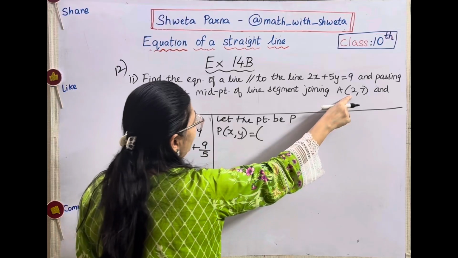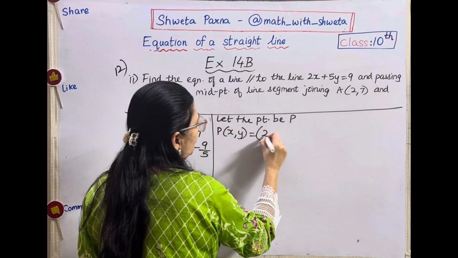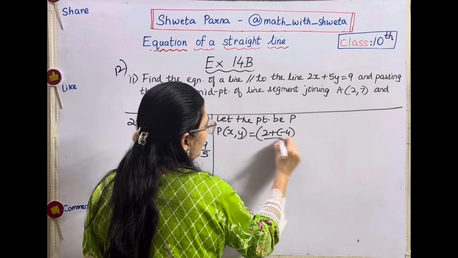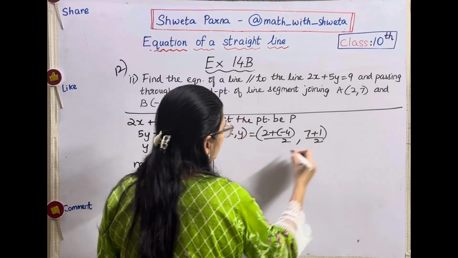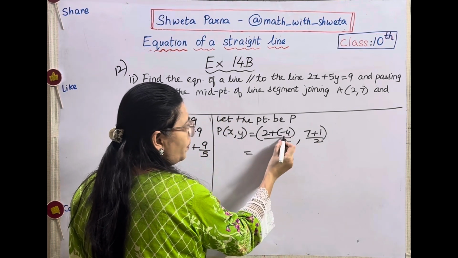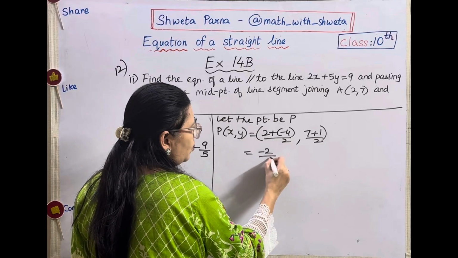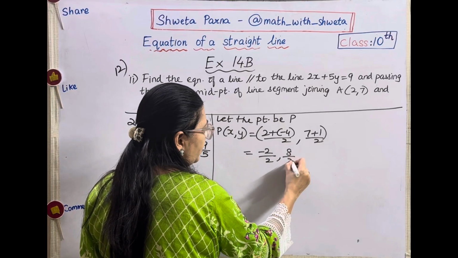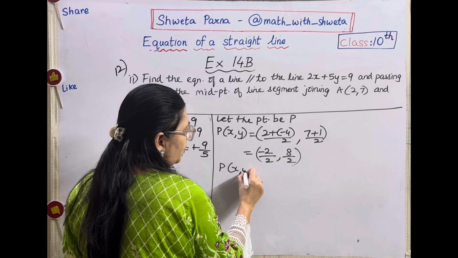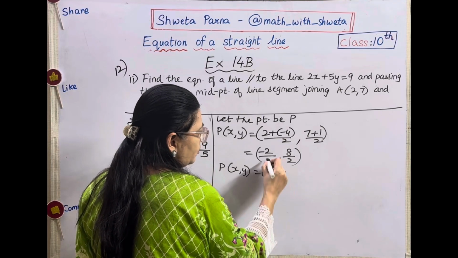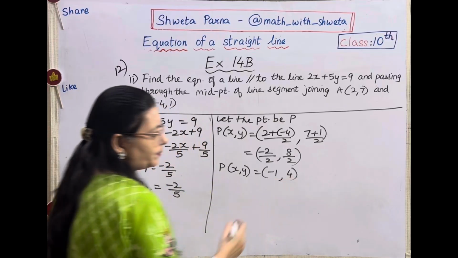You can take either way: 2 plus minus 4 upon 2 and 7 plus 1 upon 2. So it would be 2 plus minus 4 is minus 2 upon 2 and 8 upon 2. So the coordinates for point P would be minus 1 and 4.